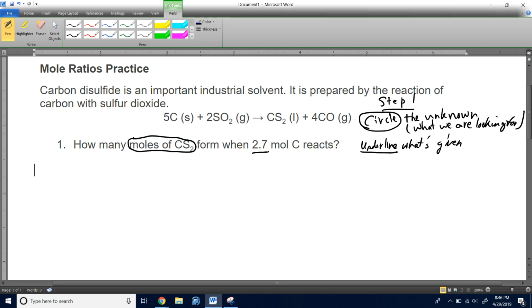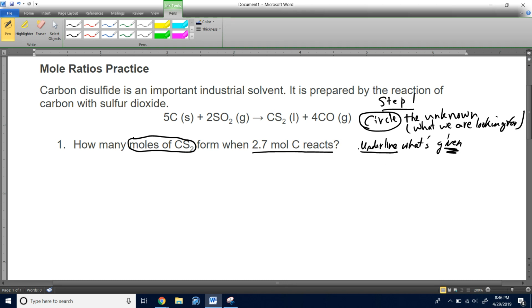The value that is given in the problem is always going to be what's given. Whenever you see a value such as this, that is always what's given. So that's step one. Step one is completed. Okay, so let's keep going.